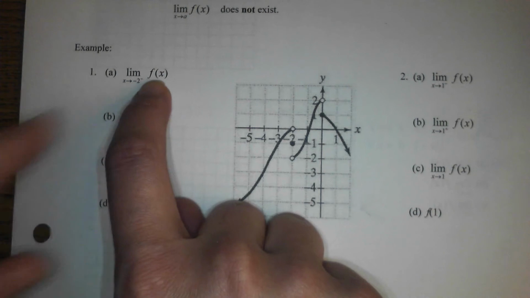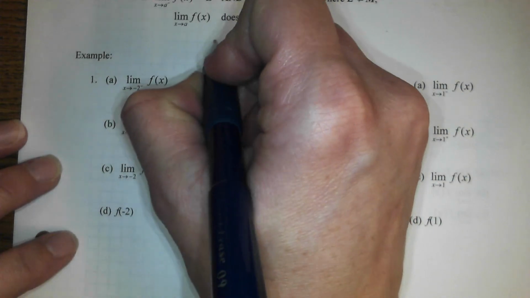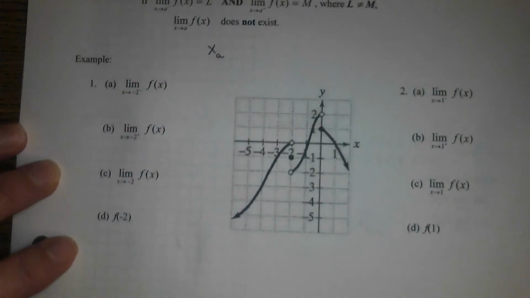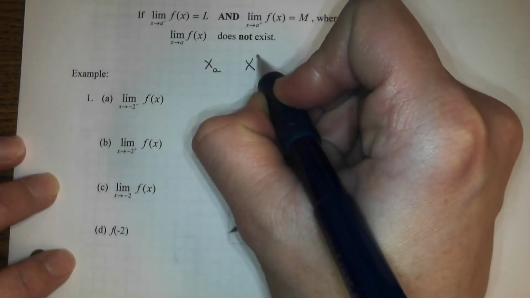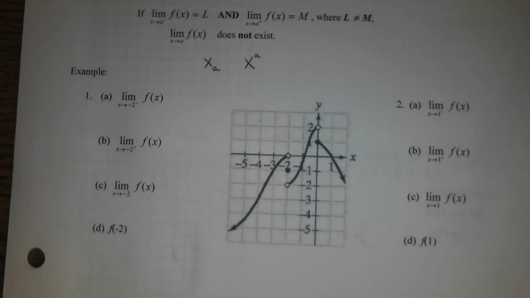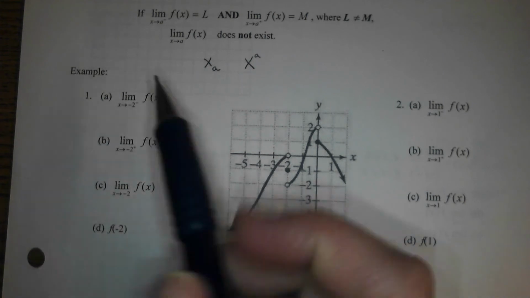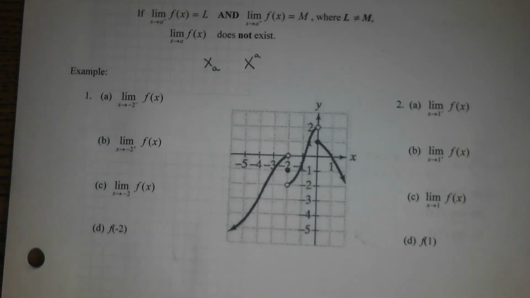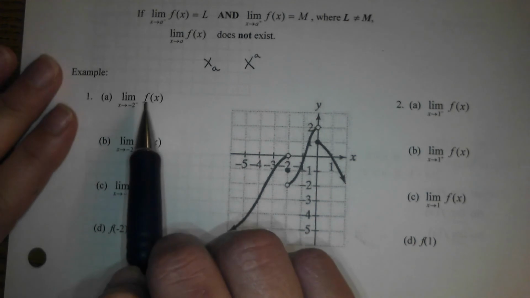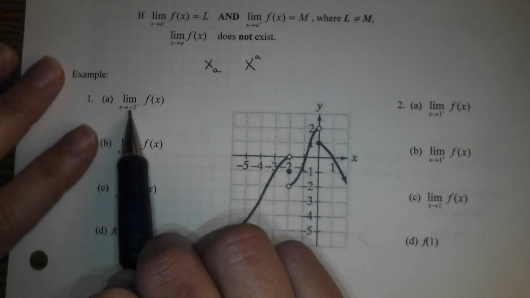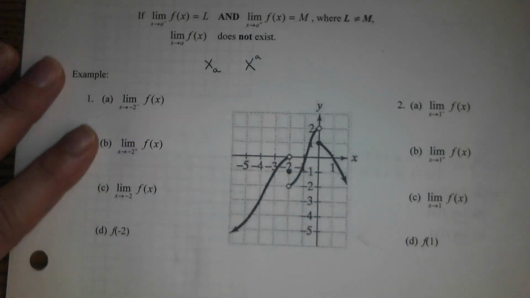A subscript is something that's written below, and a superscript is something that's written above. Like exponents are superscripts, but they mean what you know an exponent means. A negative sign as a superscript up here means from the left. So we're looking for the intention of the graph as x approaches -2 from the left.